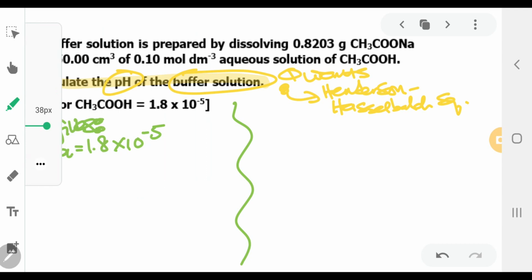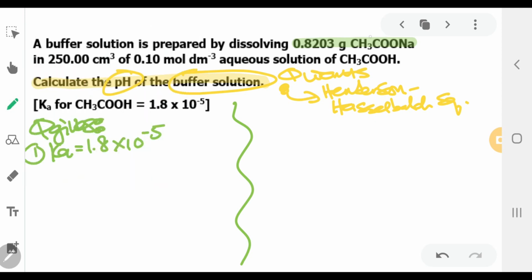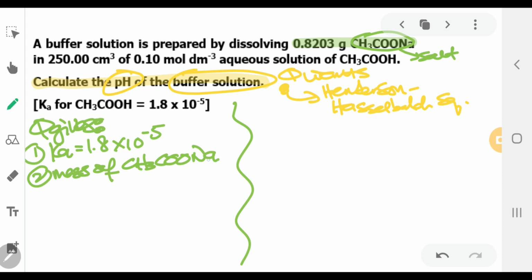Second, we have the mass of the salt, CH3COONa, which is 0.8203 grams.